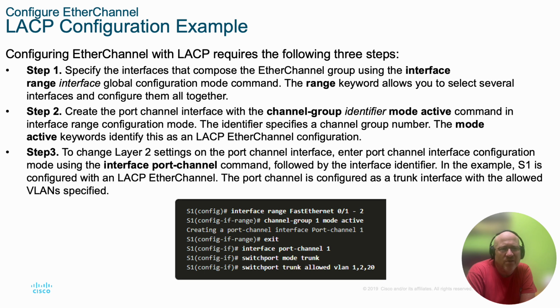Then you specify the interfaces that are going to be part of it. Make sure they're part of the same channel group, and then you go and configure that port channel. This example at the bottom is a good one where they've used the interface range command, quickly told it those ports are all part of the same channel group, and then set it up for trunking and what VLANs are allowed.